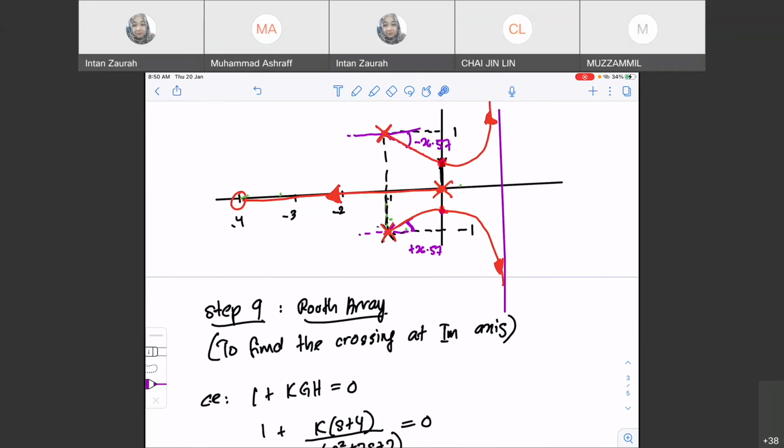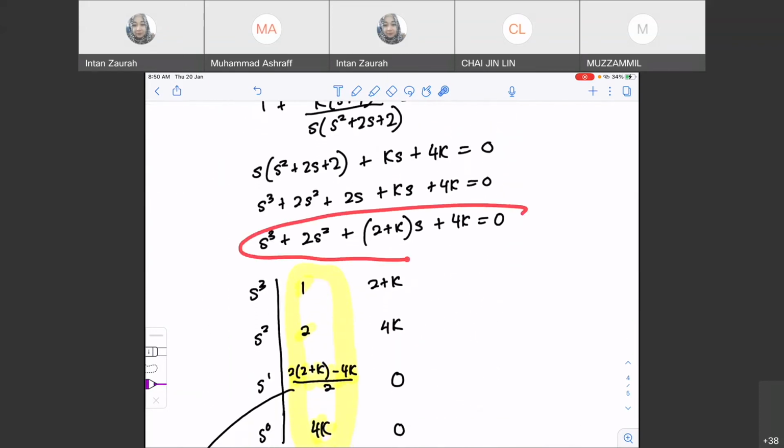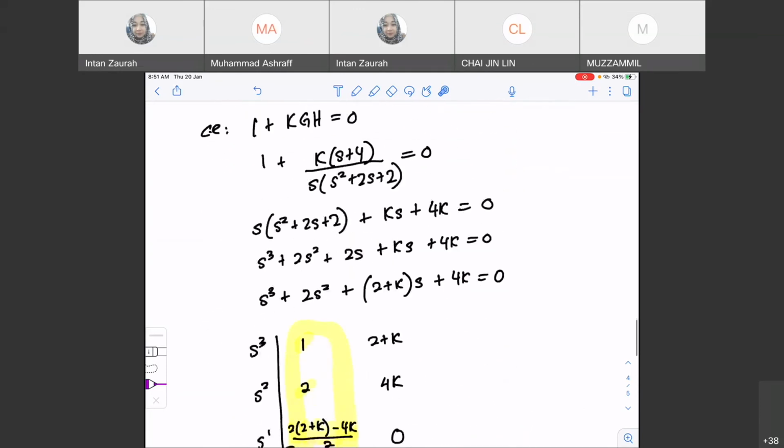So this is a complex coordinate with imaginary value only. So if I solve this characteristic equation, I put the value of k equals to 2, and then I find the roots, and the complex conjugate is the position that I'm looking for. Okay, so that is one way of solving it.